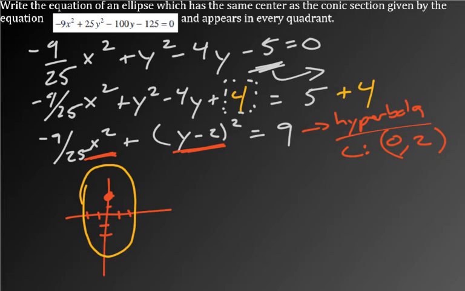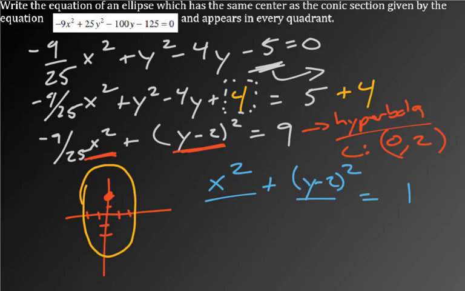So you literally have tons of right answers. You just want to write something down that has the same center. So let's do that. So x squared, and then we've got y minus 2 squared. And then you literally just want a and b values that are really, really big to make sure that it enters every quadrant somewhere.